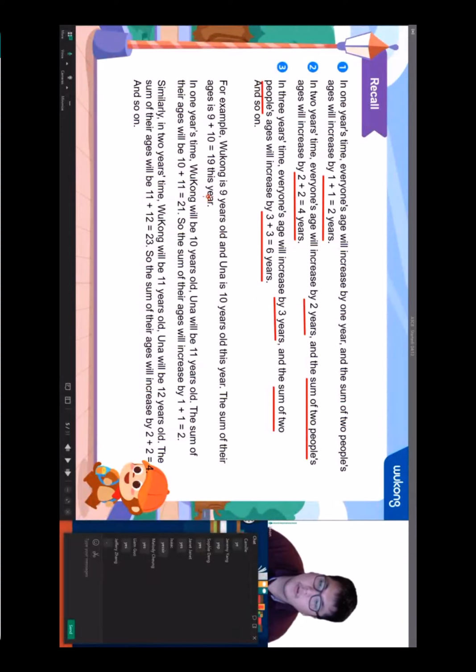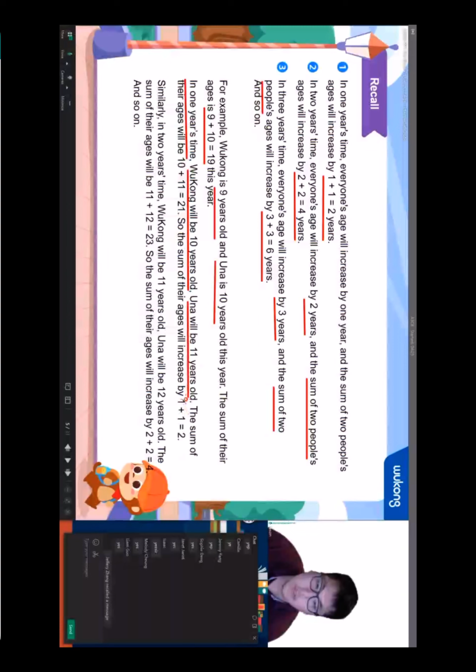Now, for example, if Wukong is 9 years old and Una is 10 years old, the sum of their ages was 19. But in 1 year's time, Wukong will be 10 years old and Una will be 11 years old. So the sum of the ages will be 21 because each of them is getting 1 year older and we have 2 people.